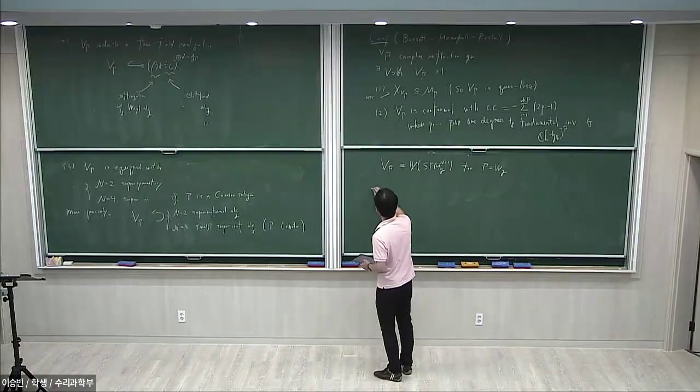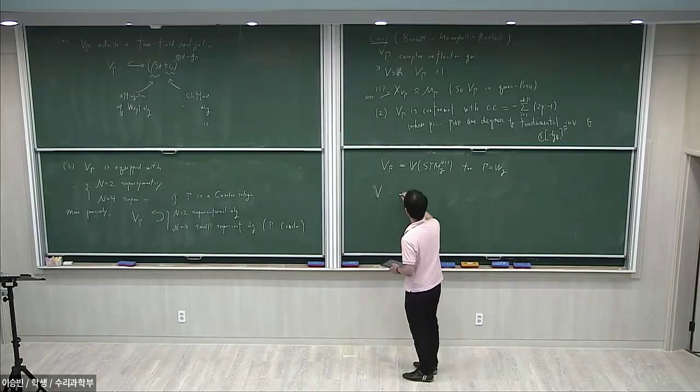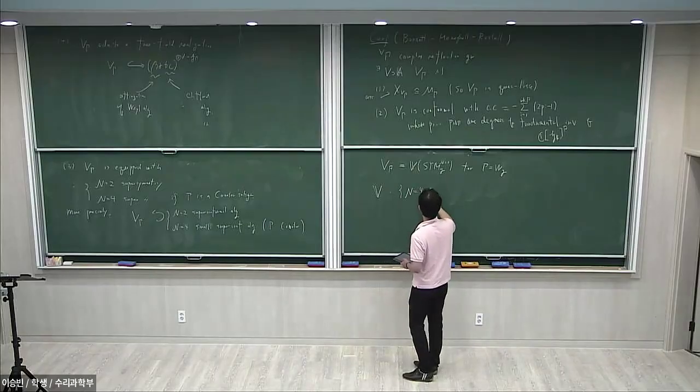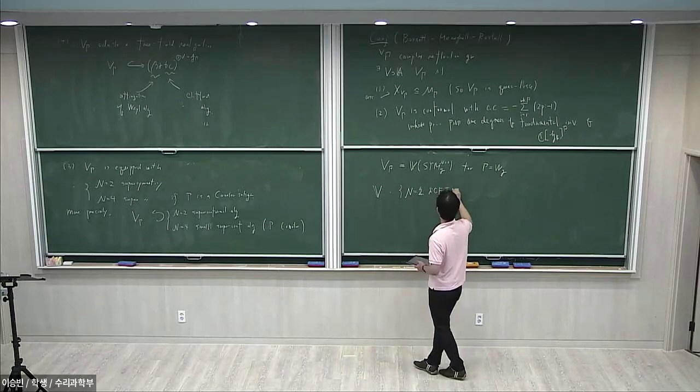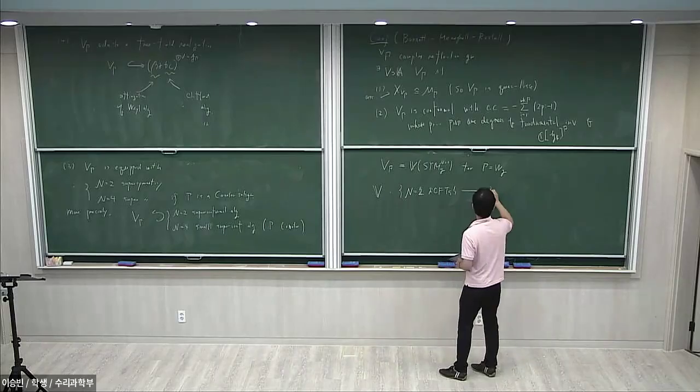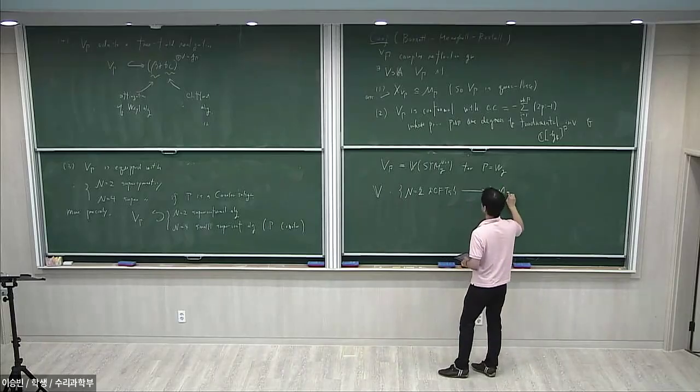The Beem-Rastelli map is defined from N=2 superconformal theories to vertex algebras.